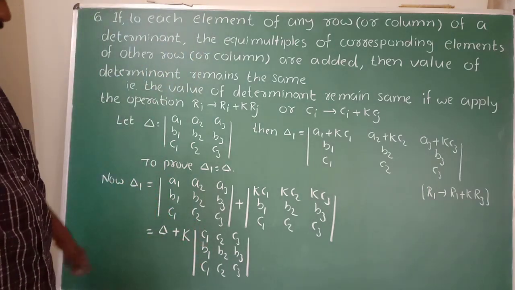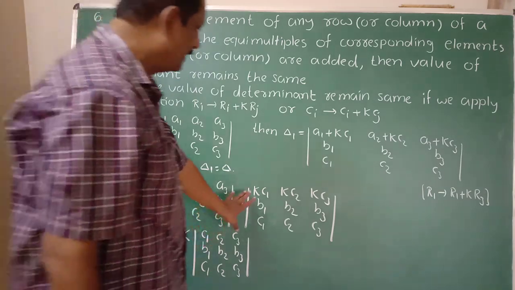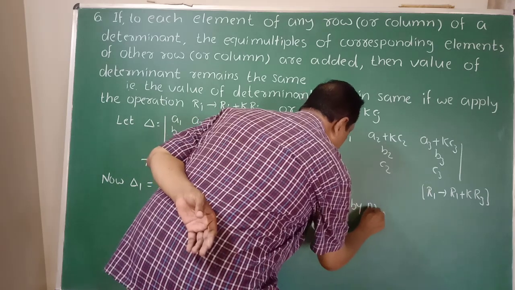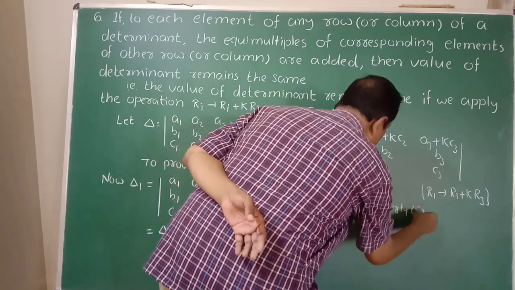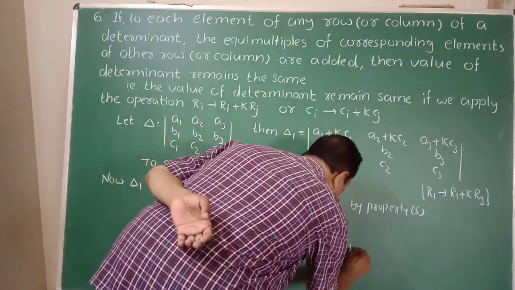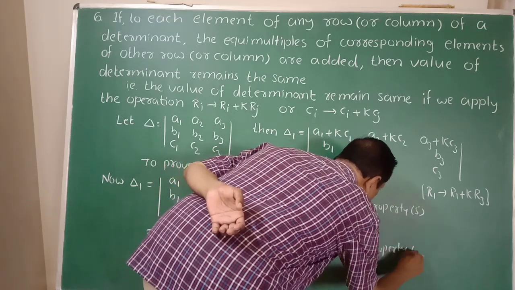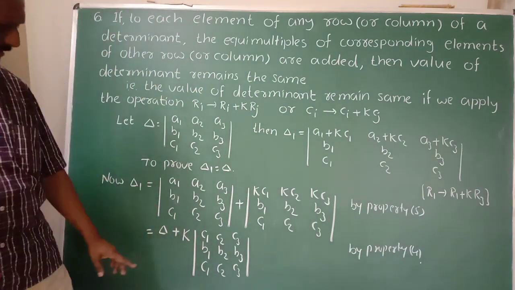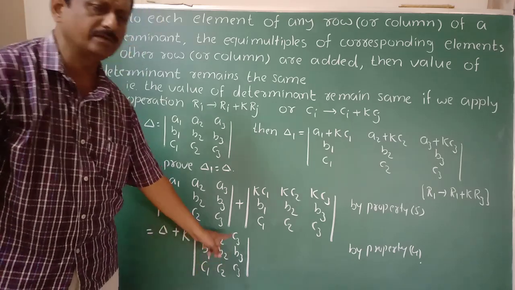Here we are using the fifth property, and here this is by property number 4. Then the third property: if two rows are identical, then the value of the determinant is what? 0.